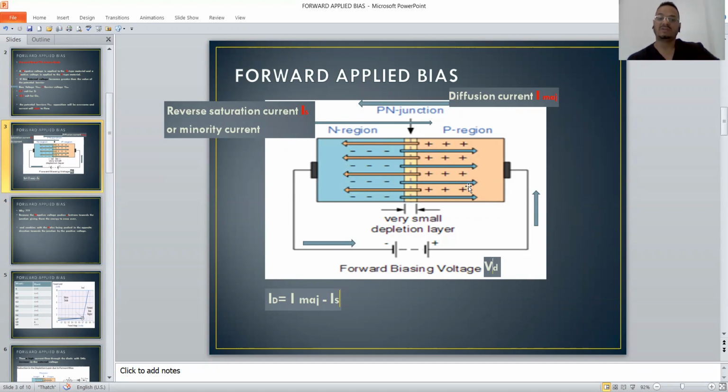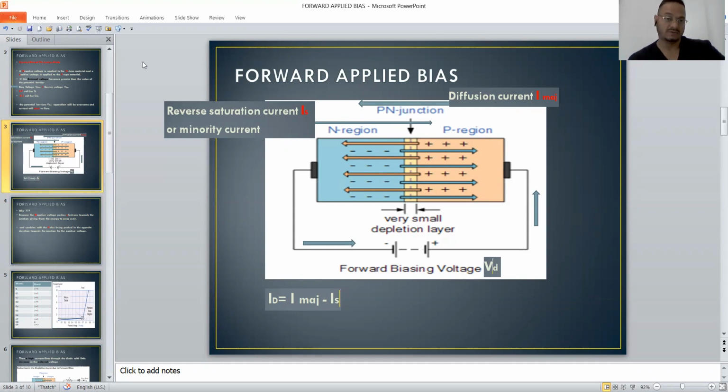I put a prime here because we're dealing with another depletion region, as we're seeing here. The depletion region is different from the zero bias, different from the normal p-n junction without any connection to any power, any battery.